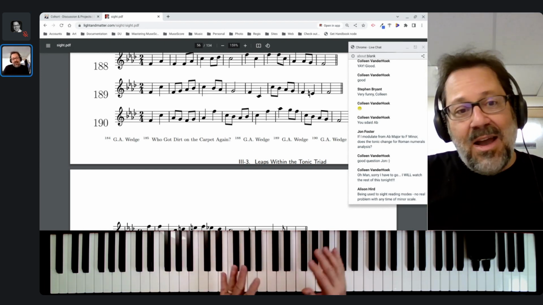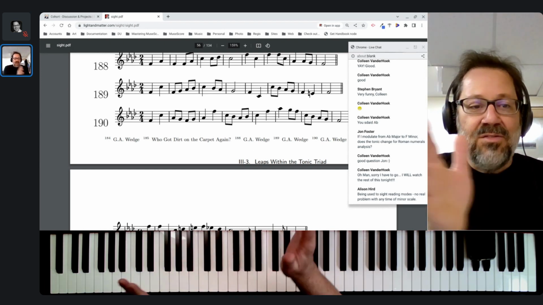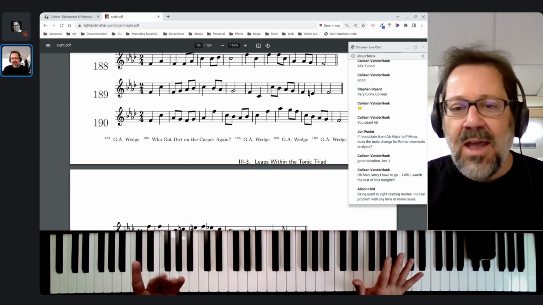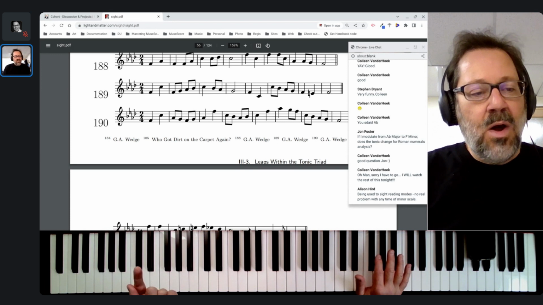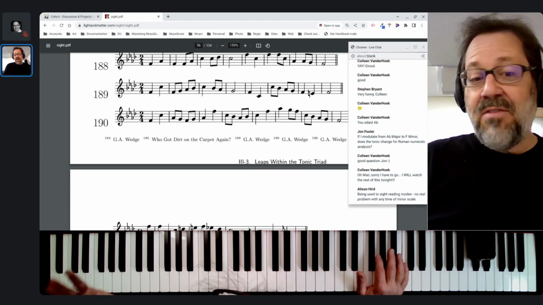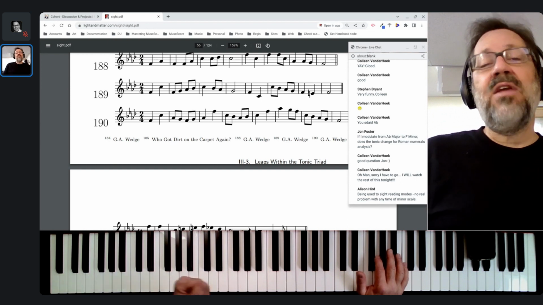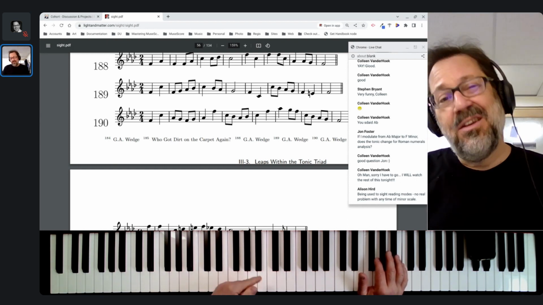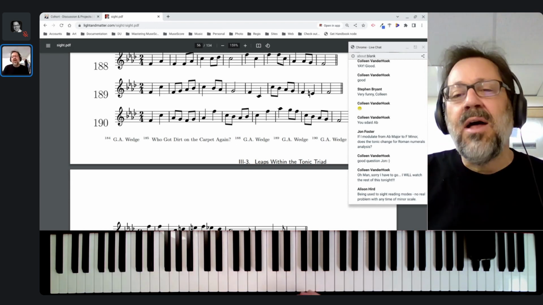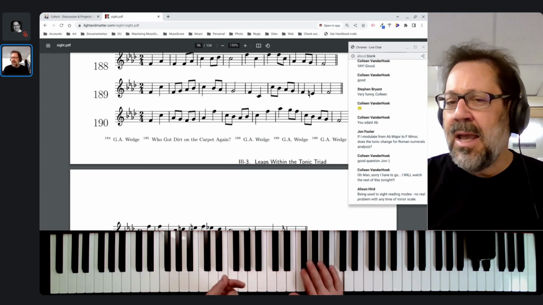So this is kind of borderline. Do I try to say, oh, that's exactly what happened, or do I just put all the Roman numerals in as if it was A flat major, or put them all in as if it was F minor? All of those are valid things to do, to be honest, and there's no right or wrong. Whatever helped you conceptualize it the best is my answer there.